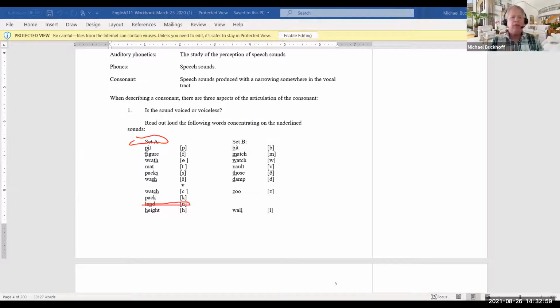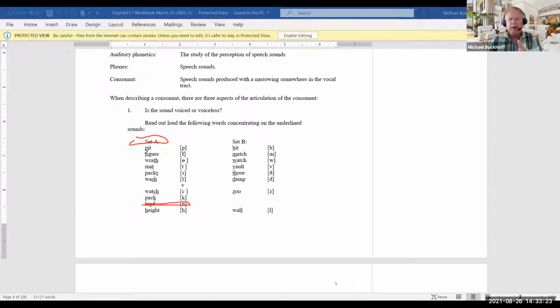Good. Now, if we talk about sounds being either voiced or voiceless, it means the state of the glottis. Inside our throats we have vocal folds. Those vocal folds can be held open and apart, in which case there's no vibration when we produce a sound, or those vocal folds can be held loosely together, which creates a vibrating sound.